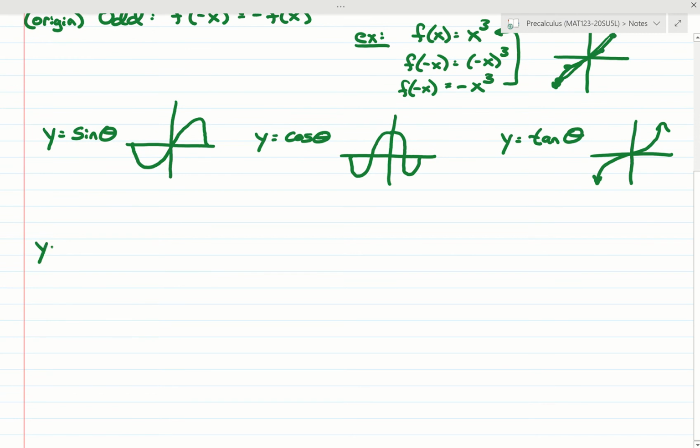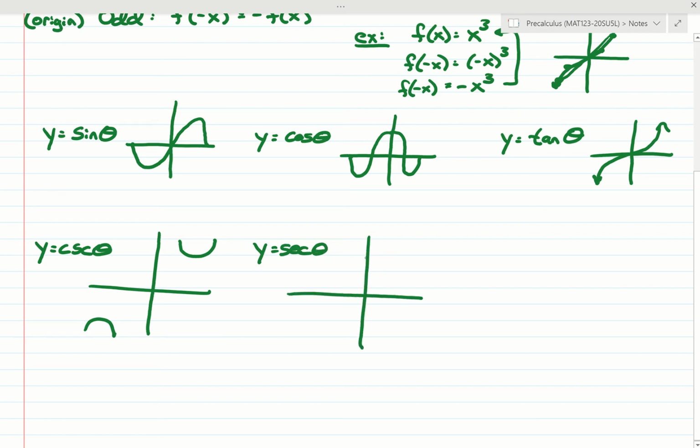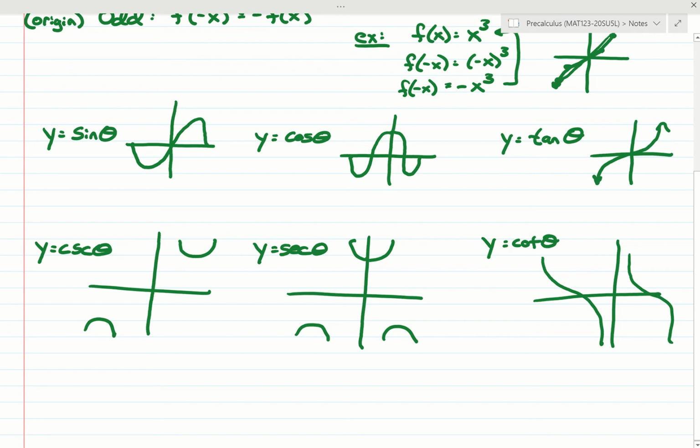Y is equal to cosecant of theta looked like this. Y is equal to the secant of theta looked like this. And y is equal to the cotangent of theta looked like this. Something like that.